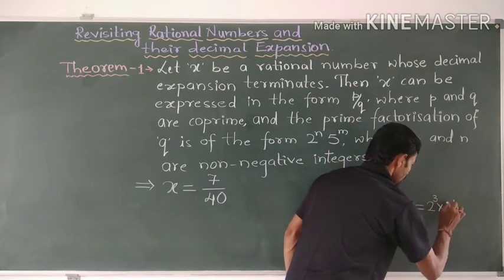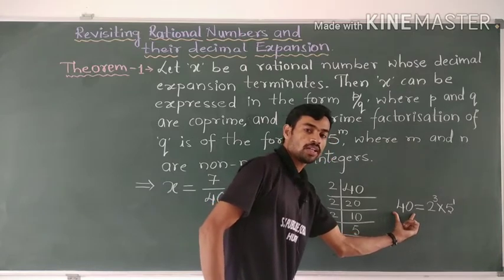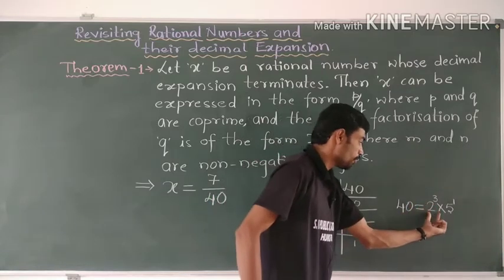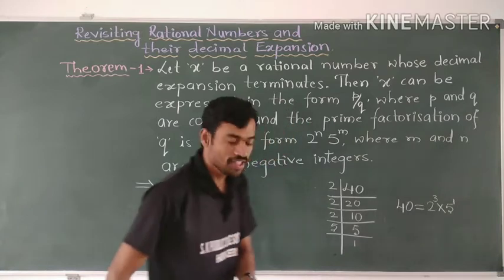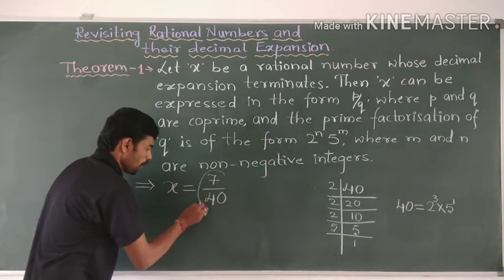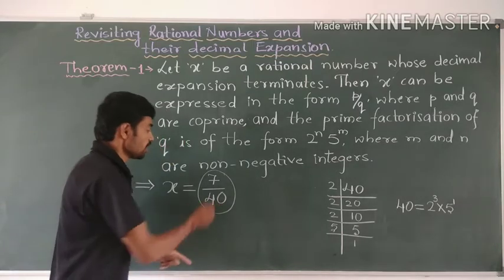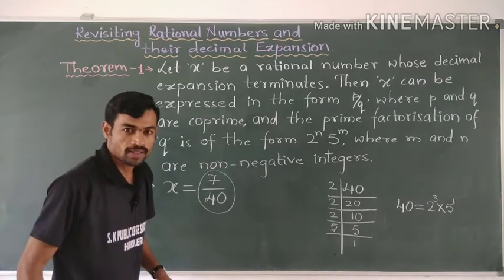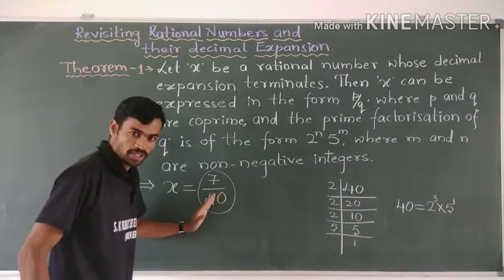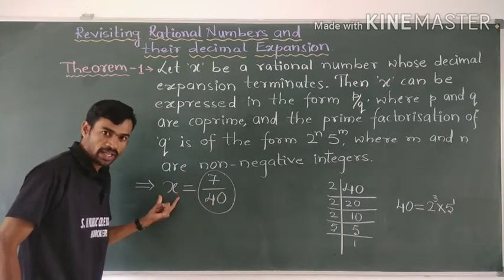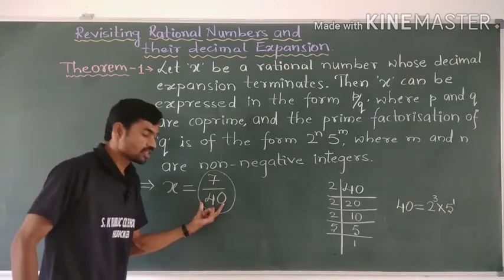Here we have seen that the prime factorization of q is of the form 2 to the power n into 5 to the power m. Then easily we can say, without performing actual division, that this rational number has a terminating decimal expansion. Clear? Understood this?